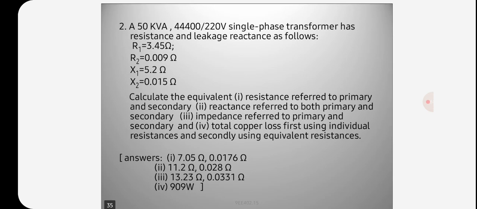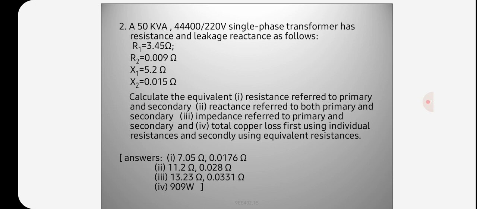And also, a 50 kVA 4400 by 220 volt single phase transformer has resistance and leakage reactance as follows: R1 is equal to 3.45 ohm, R2 is equal to 0.009 ohm, X1 is equal to 5.2 ohm, X2 is equal to 0.015 ohm.